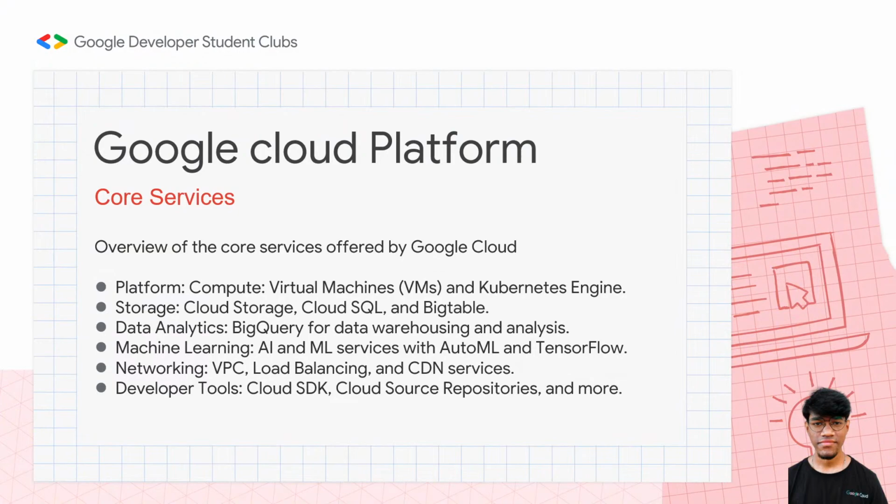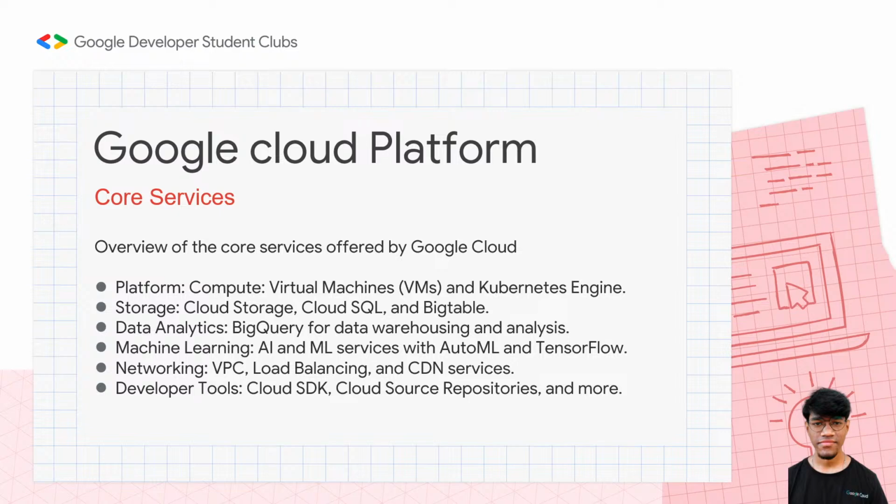So, what is GCP? GCP is a tool service provided by Google with some of the features such as it gives us virtual machines, computing power, and Kubernetes engine to run our code in a cloud platform. It also gives us storage, that is cloud storage, cloud SQL, and big data to store our data.